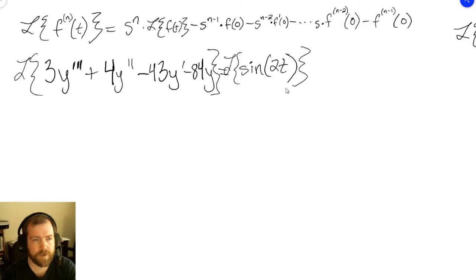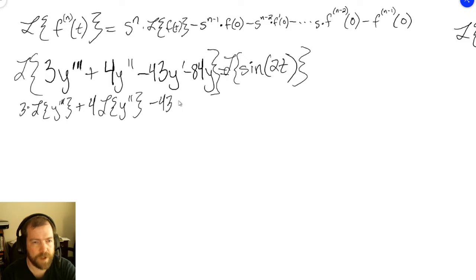But if you remember, the Laplace transform of all of this stuff is going to be individually we're going to get 3 times the Laplace transform of y triple prime plus 4 times the Laplace transform of y double prime minus 43 times the Laplace transform of y prime. And let's make the caveat here.